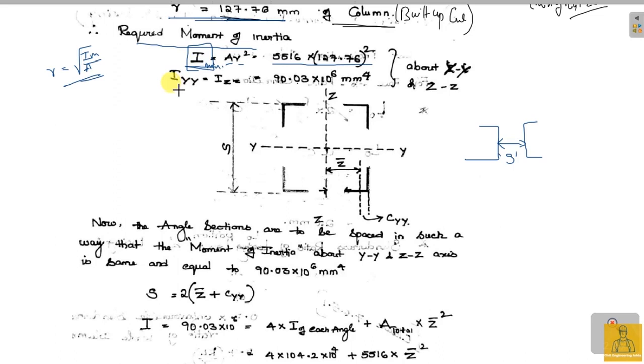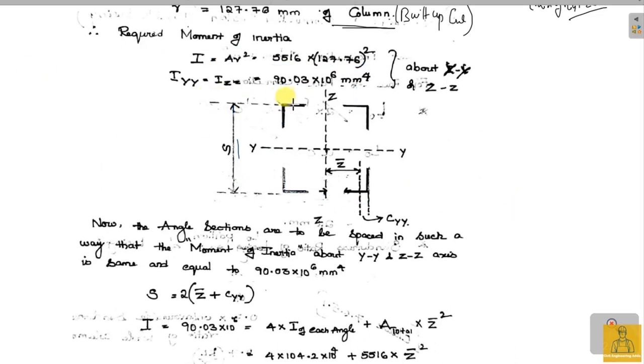The moment of inertia of the angle section is the same about ZZ and YY axis. But here we are talking about the moment of inertia of the entire built-up section. This is the entire built-up section, with 4 angle sections coming together, isn't it? So I should place these 4 angle sections in such a way that the moment of inertia about ZZ and about YY is the same. That is how we did it in the previous channel sections also.